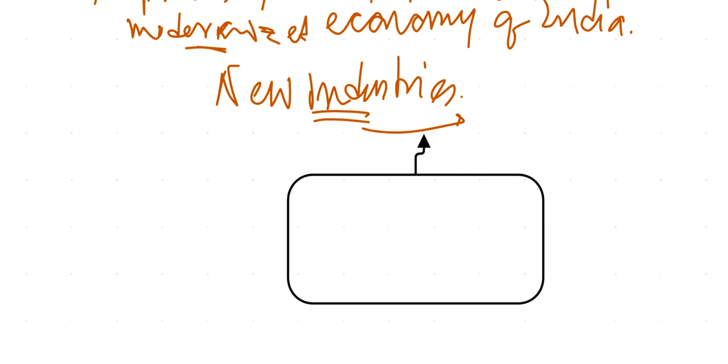In India, at first the agricultural sector was highly developed. I'm saying that in India, a large section of the people are involved in the agricultural sector.